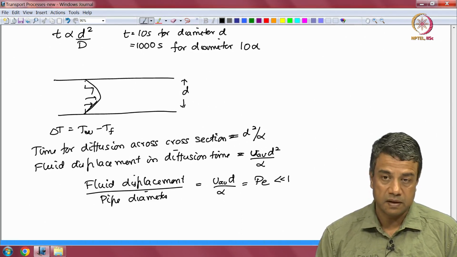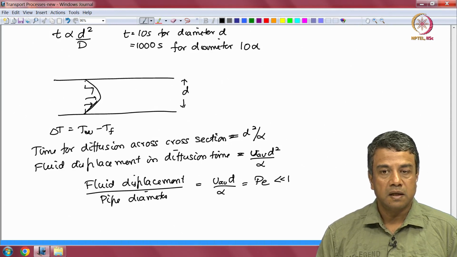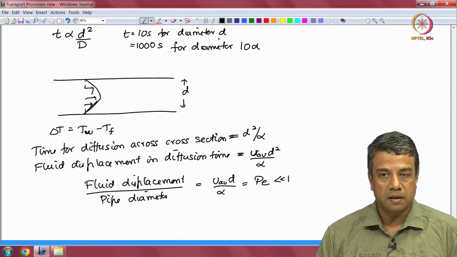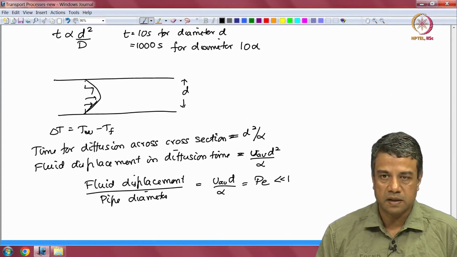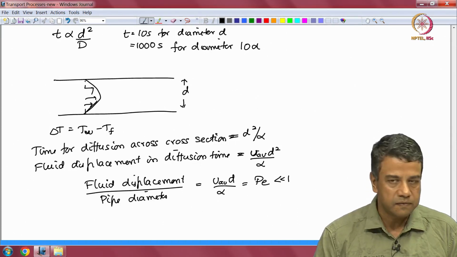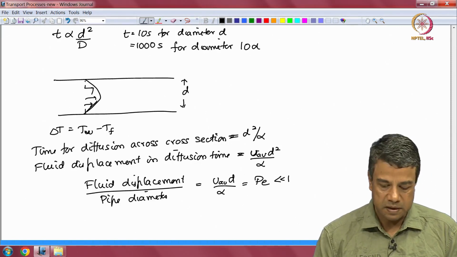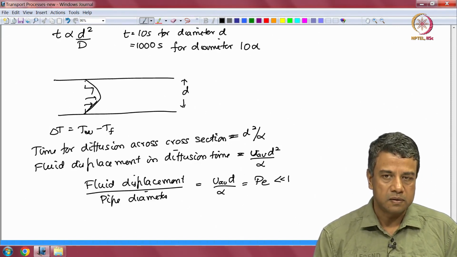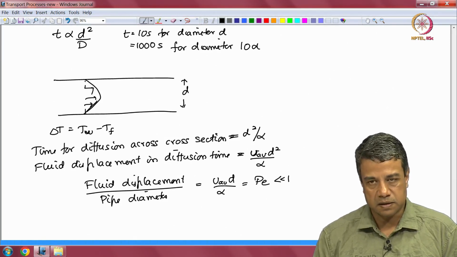If you have a long length of pipe, you have to pump the fluid through, but you do not get any benefit, because the temperature is already equal across the cross section and no further heat transfer can take place. So this low Peclet number regime is not of relevance for flow through conduits. It is only relevant for heat transfer from a particle, for example, suspended particles and so on.